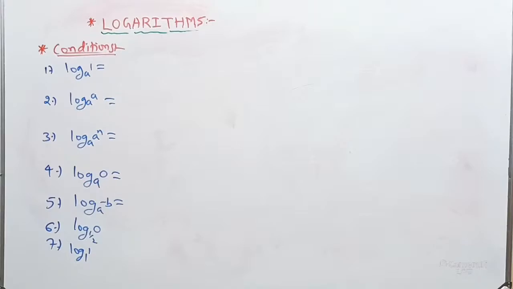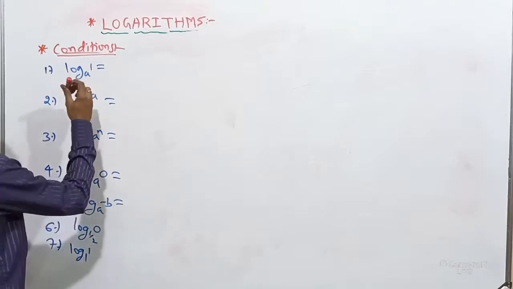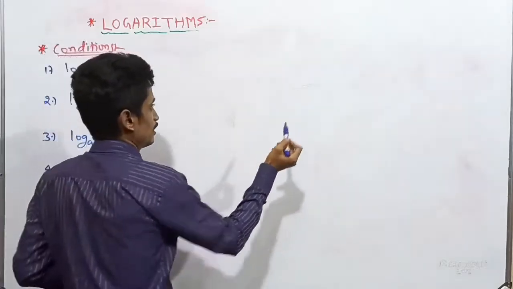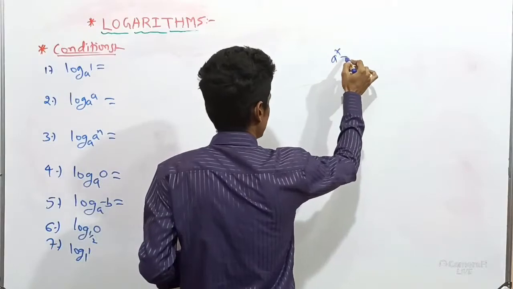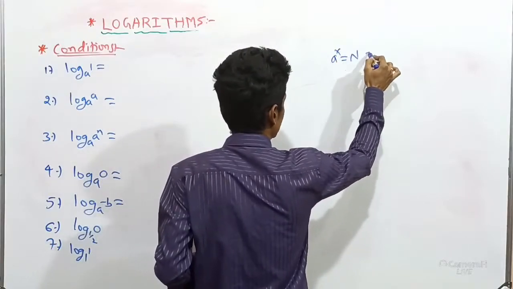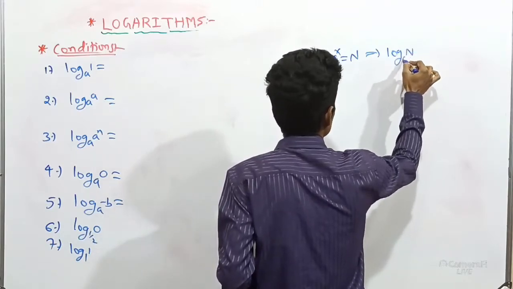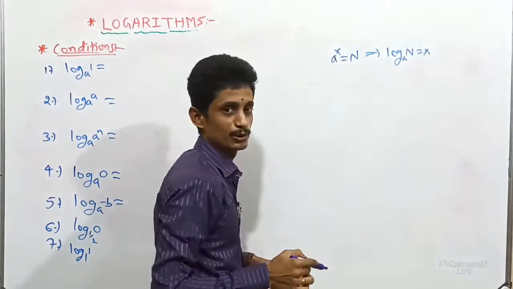Now tell me the first case. What is our first case? Log of 1 to the base a. What answer will we get? Just now I suggested to you, when you have a power x equal to n, we represent in logarithmic form: log n to the base a is equal to x.